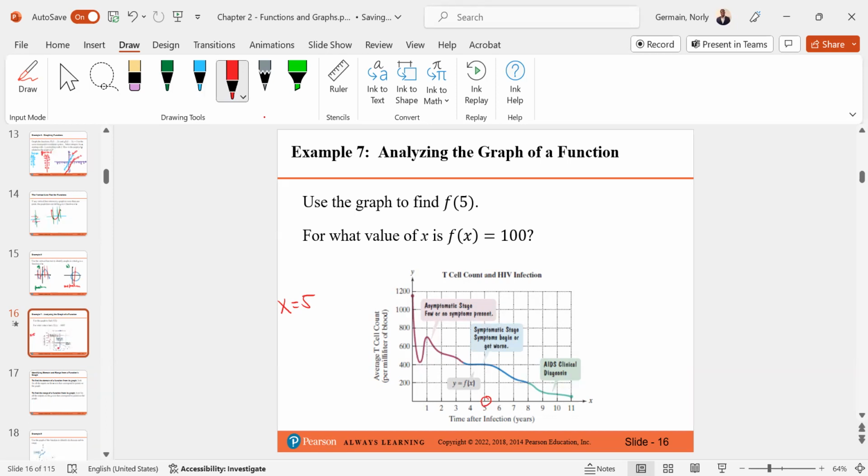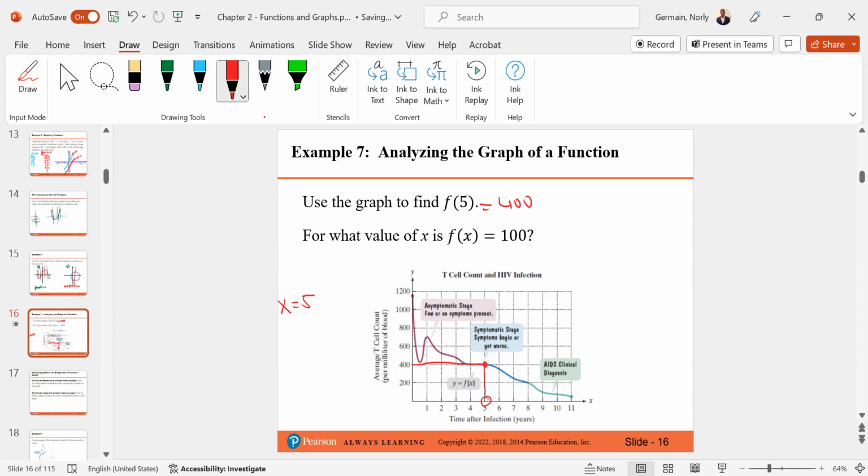We go to 5 up there and we project it on the y-axis. If you agree, you would understand f of 5 is 400.